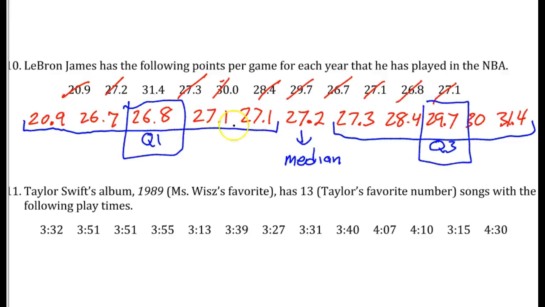The middle of the first 5 is 26.8, and the middle of the second 5 is 29.7, and I didn't use the median for either one of those. So it's slightly different when you have an odd or even number, but more or less the same. And then, of course, we have our minimum right here and our max.